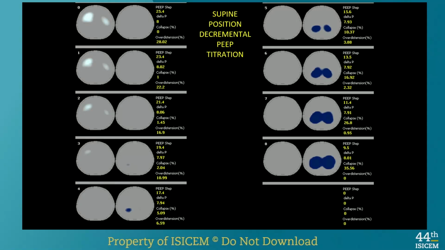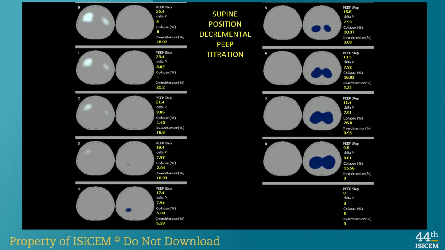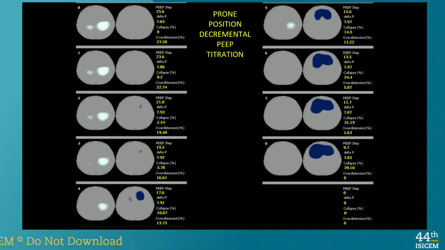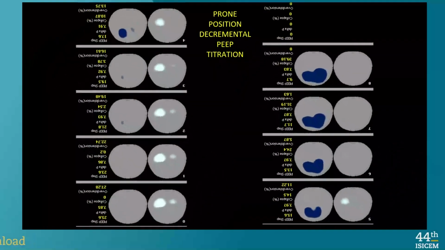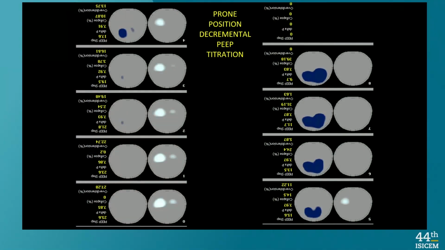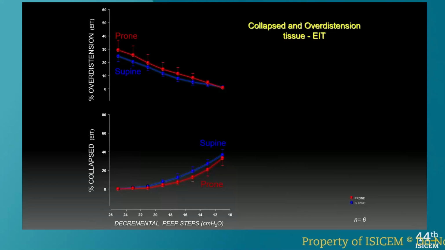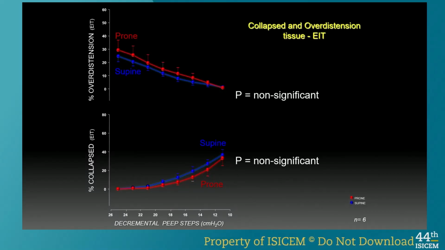And then we did it in prone, the same thing, and pay attention to what happened to the collapse. It goes ventral. So because this image should be like this, right? So again, we are obeying gravity. We have hyperdistension in dorsal areas and a collapse in ventral areas. But the same amount of collapse, okay?